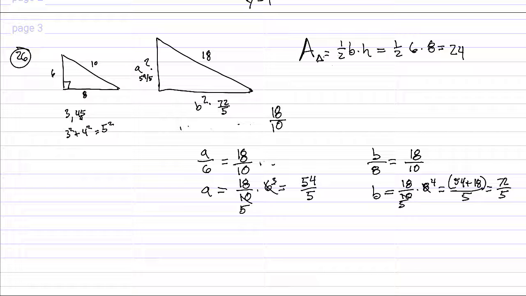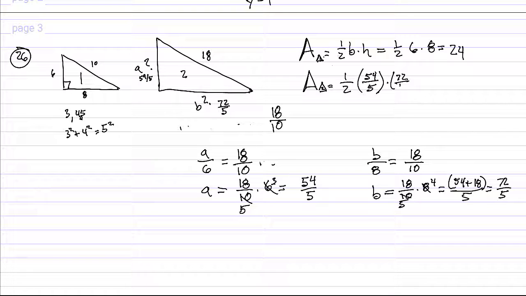And so the area of triangle 2 equals 1/2 times 54/5 times 72/5.